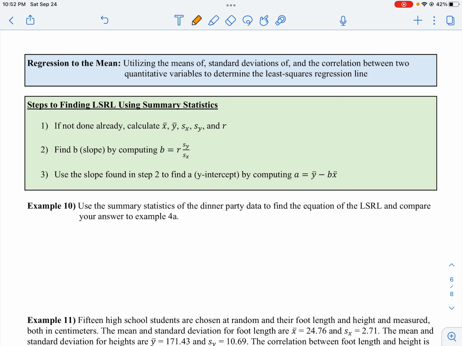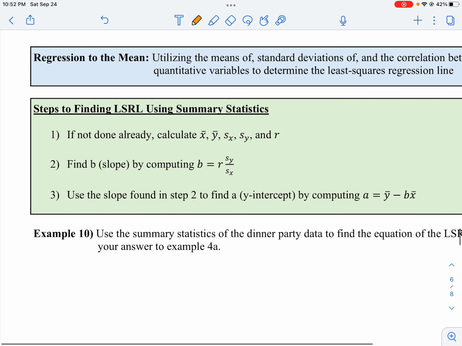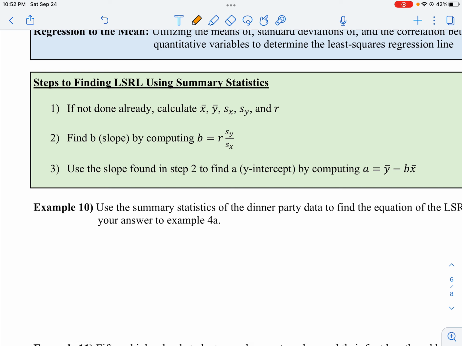Now, because the information we would need for this would be put into our calculator anyways, and our calculator has the capacity to generate the least squares regression line, we should just do that. So instead, what we're going to do is look at an example where we don't have all the individual data values and go from there. But step 2, find b, which is the slope, by computing this equation.